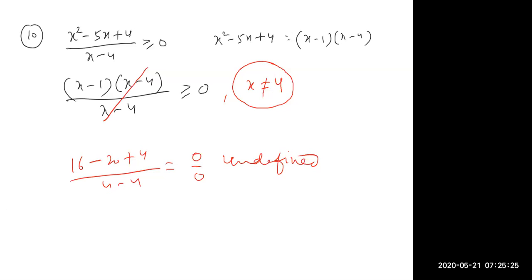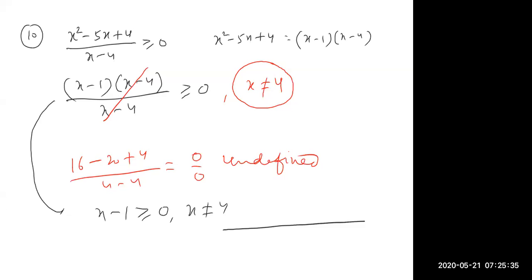Now when this is cancelling, when x is not equal to 4, the next step immediately will come: x minus 1 greater than or equal to 0 and x cannot be 4. So x is greater than or equal to 1 this side and x cannot be 4. So at 4 it will be an open interval. So the answer will be x belongs to closed interval 1 to infinity minus 4.